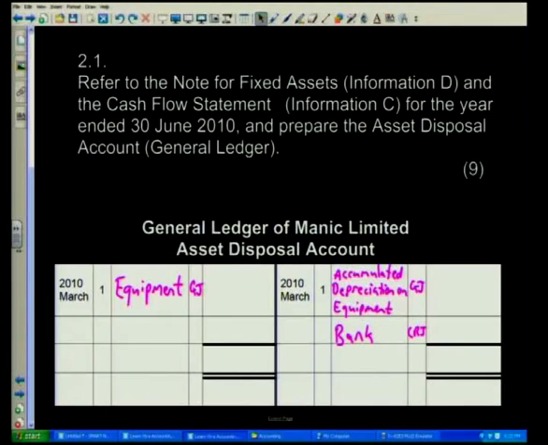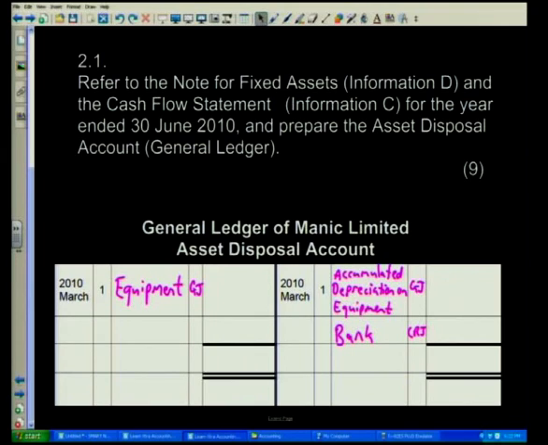So that means that we are not going to have any entry in our asset disposal account that says profit on sale of asset or loss on sale of asset. And our answer sheet prepares us for that because there's no space to write that on the credit side. There is a line free on the debit side, but we're not going to use that, as you will see.